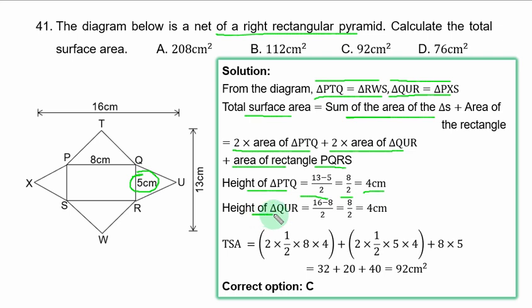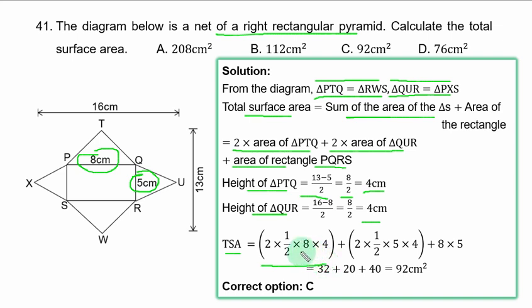For the height of triangle QUR, the same thing. This is the height for this triangle QUR. The length of the rectangle is not needed, so you subtract 8 from 16 and divide by 2 as well to have 4 cm. So therefore, total surface area is 2 times the area of the first triangle.